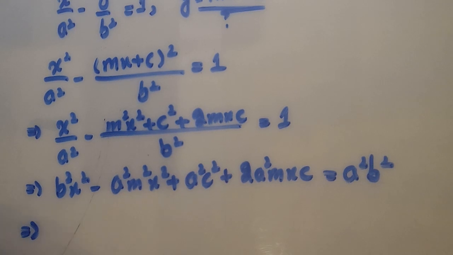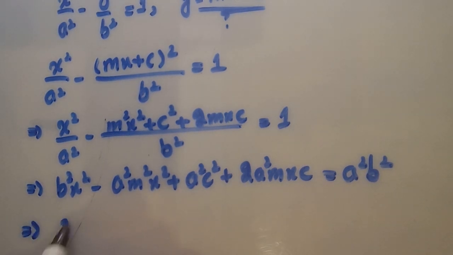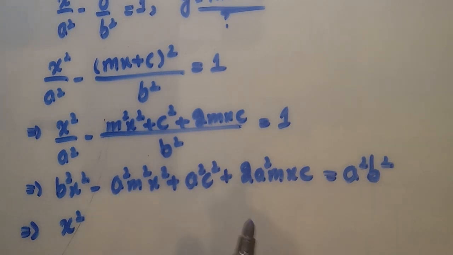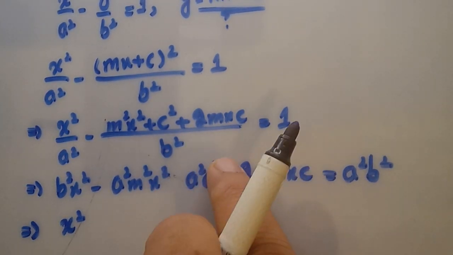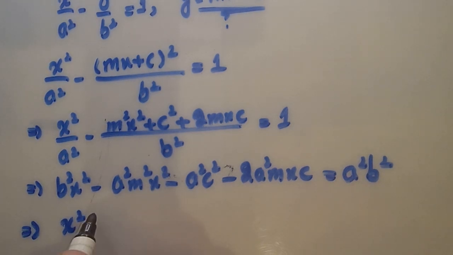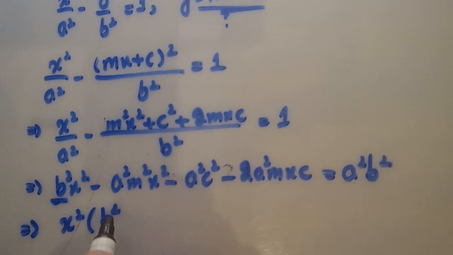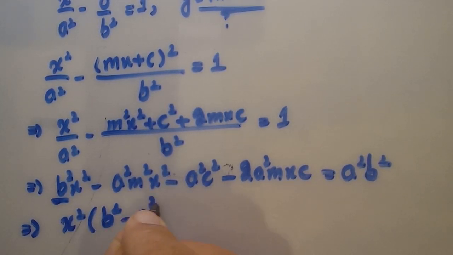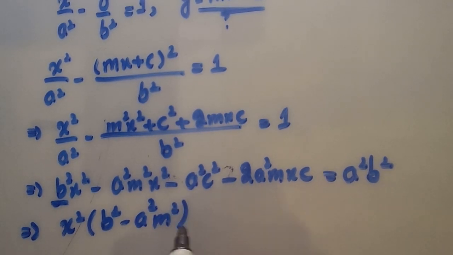After taking common from this, we will get x square. Okay, now we have committed a little mistake here, that it will become minus. x square common will be taken from b square minus a square m square.